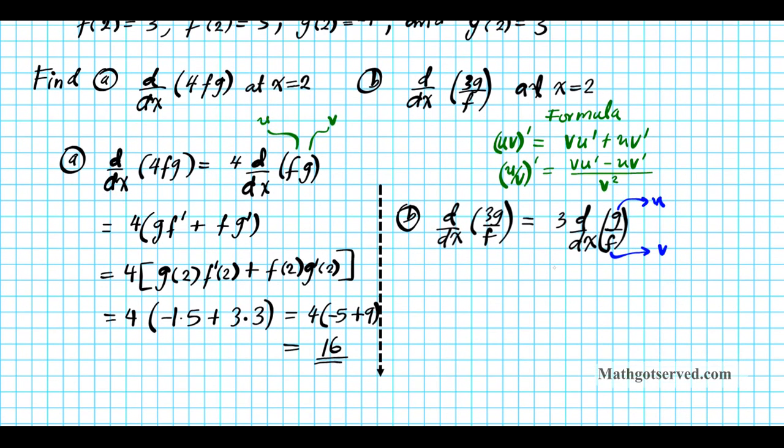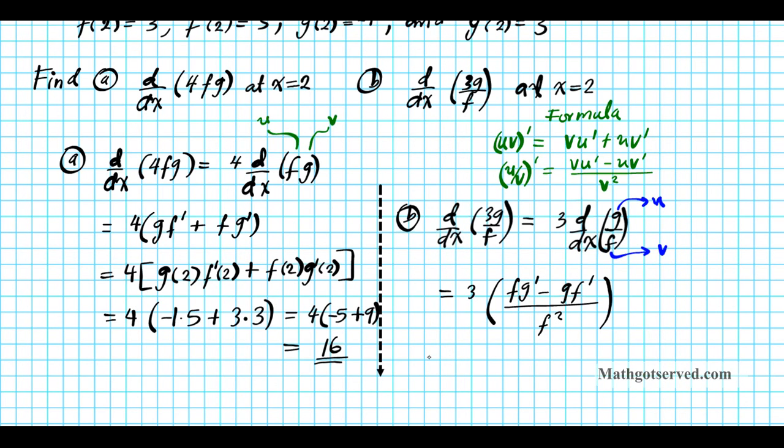If we apply the quotient rule to this situation, the derivative is going to be 3 times v u prime, which is f g prime, minus u v prime, which is g f prime, over f squared.